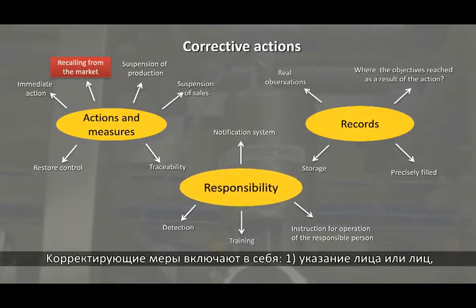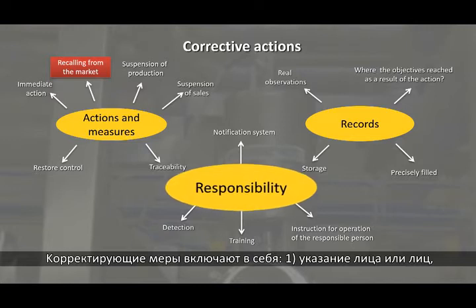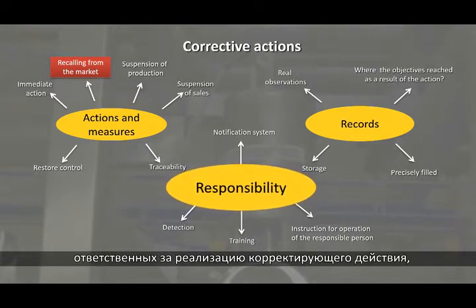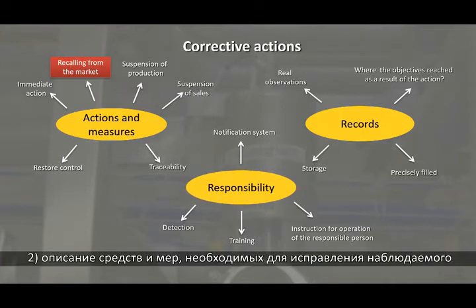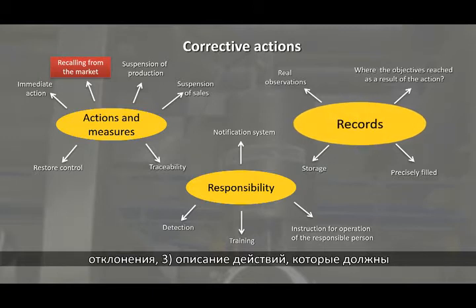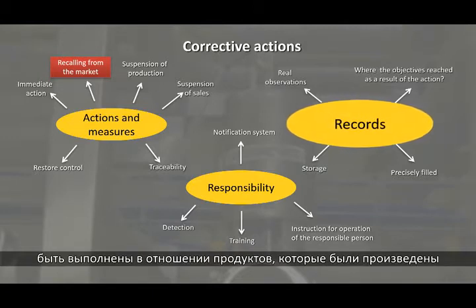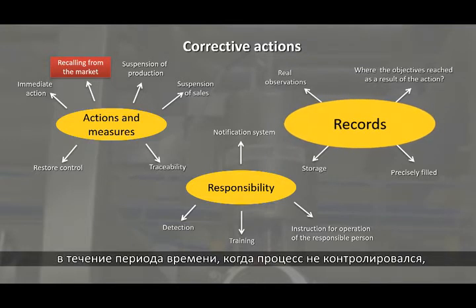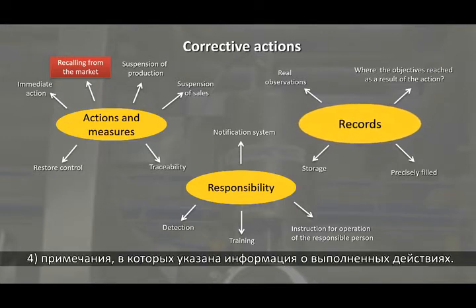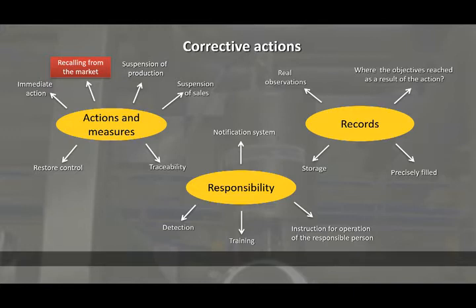Corrective measures include indication of person or persons who are liable for the implementation of the corrective action, description of means and measures required for the correction of the observed deviation, description of actions that must be performed regarding the products that were produced during the time period when the process was not controlled, notes where information regarding implemented actions is indicated.